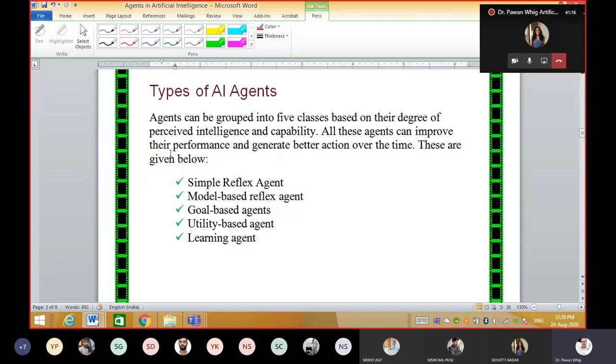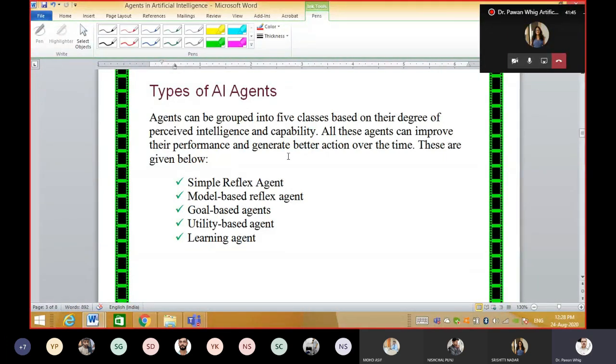Now agents can be grouped into five classes based on their degree of perceived intelligence and capability. Definitely, not every agent has the same kind of perceiving intelligence. So on the basis of perceiving intelligence and acting on that, these agents can be classified into five categories.